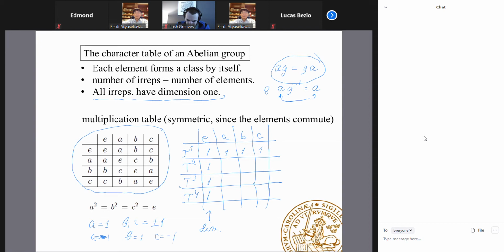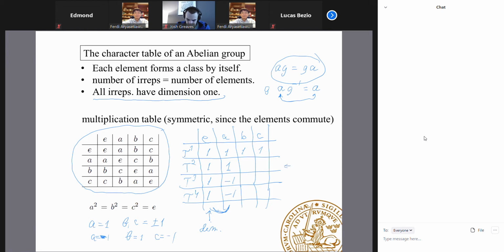So we just fill in the character table. So if a is equal to 1, then we know from the orthogonality of the characters, so we take these two columns, then this should be equal to -1 and -1. And the same here.